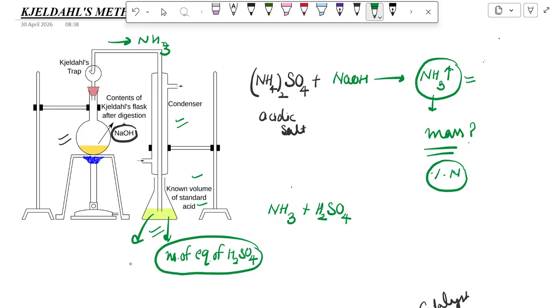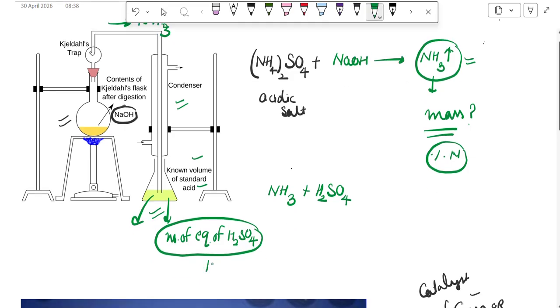Suppose the number of equivalents of H2SO4 we are taking is 10 equivalents. Now according to the law of chemical equivalence, one equivalent of ammonia reacts with one equivalent of H2SO4.